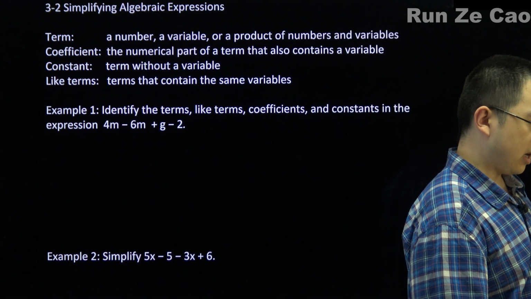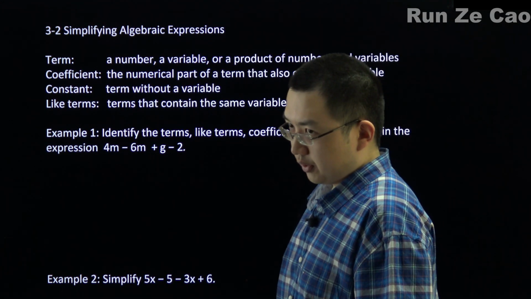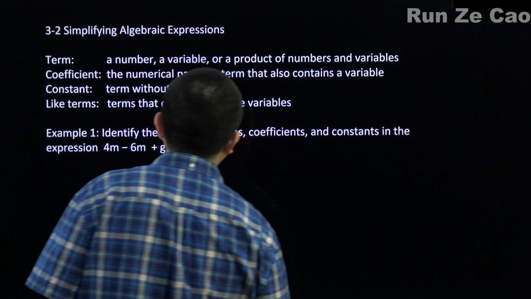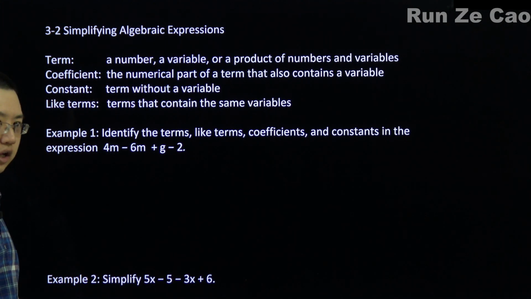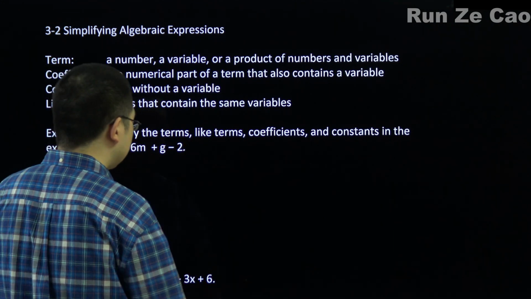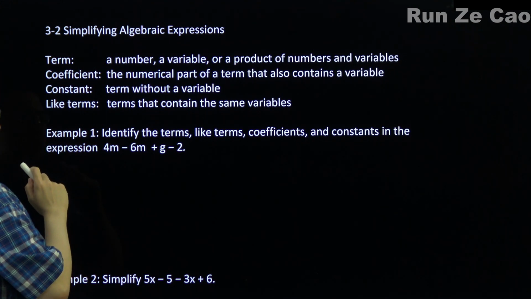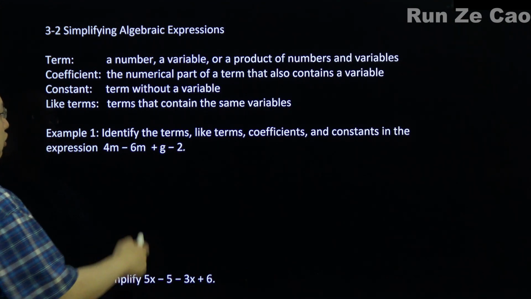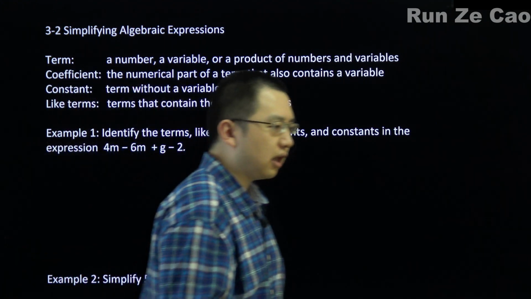When you're simplifying algebraic expressions, you have terms. Terms are numbers, variables, or a product of numbers and variables. Terms are connected to each other by additions and subtractions. Now, the coefficient is a numerical part of a term that also contains a variable.